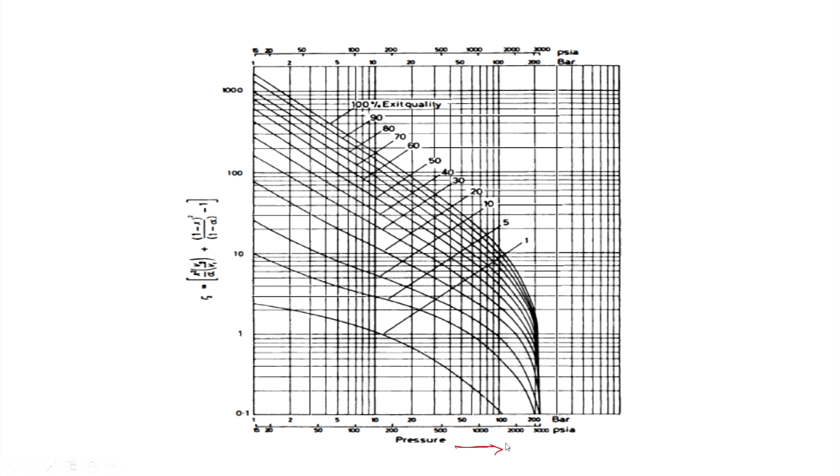Here pressure is on the horizontal axis and r 2 is on the vertical axis, and for different pressures and different exit qualities, we can find r 2, and here also the scales are logarithmic, it is a log-log plot. Using this, we can find r 2 and substitute and get the acceleration pressure drop delta p a.